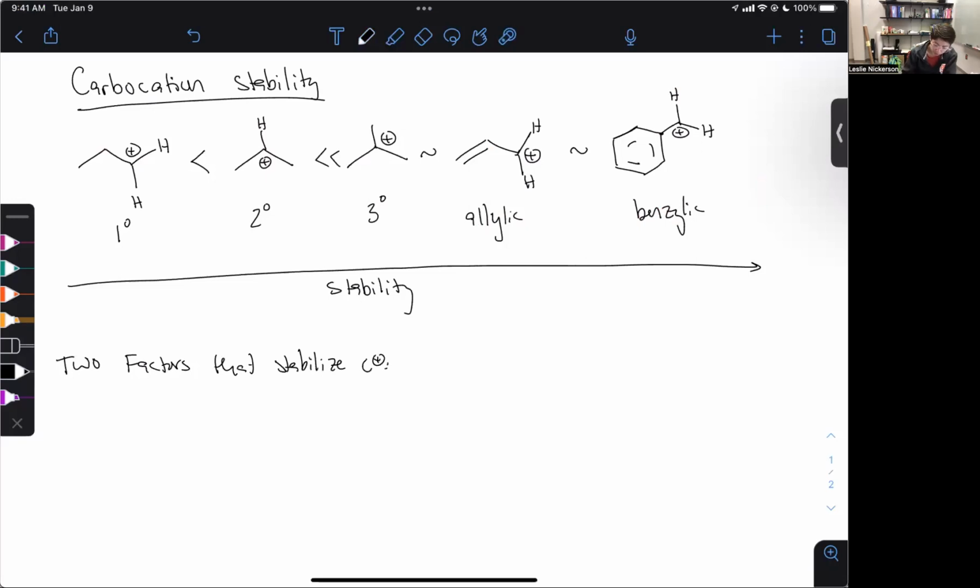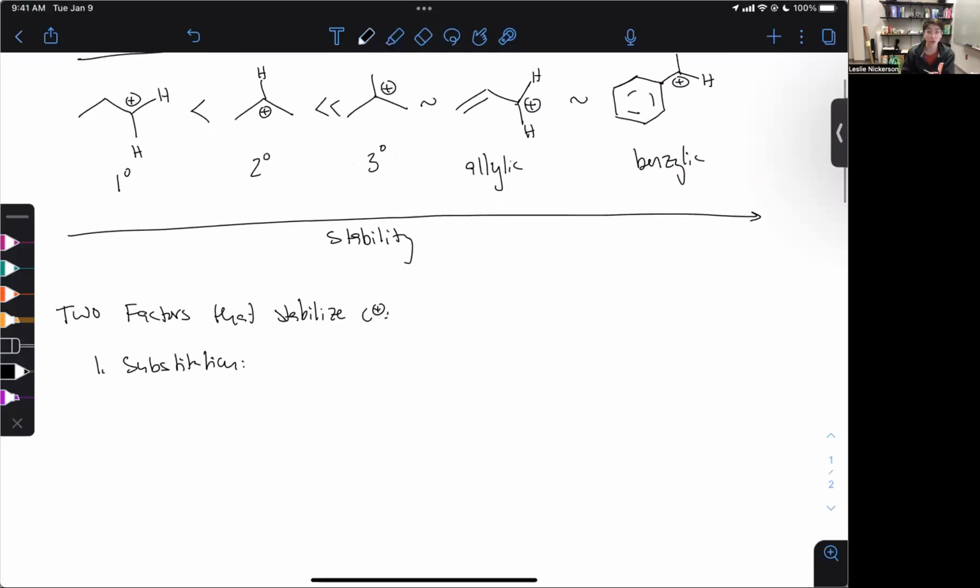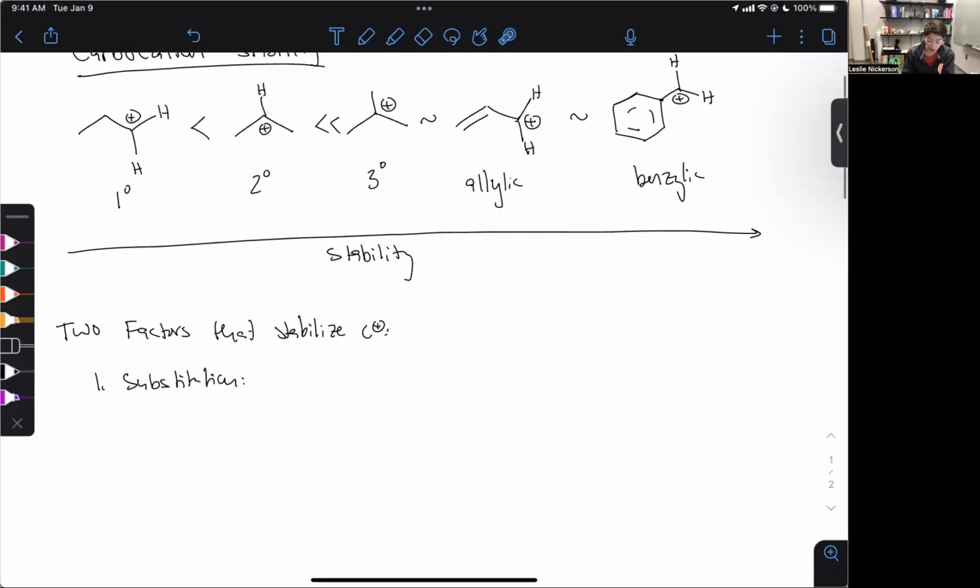The first one, if we're looking at these three over here, is substitution. Substitution is really just a matter of how many carbon-carbon bonds you have on that positively charged carbon. If we think about why that might be, it is an orbital explanation.